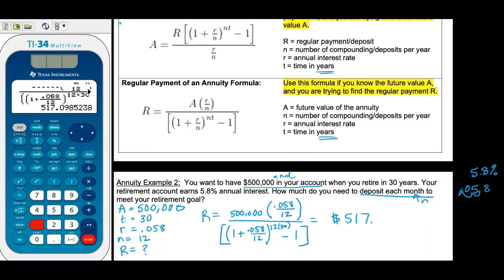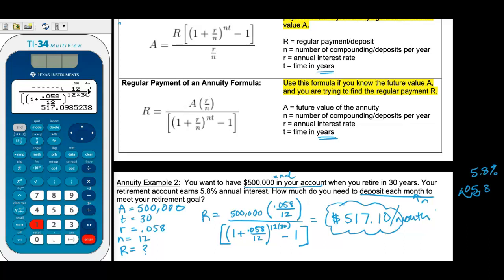Since the digit after our rounding digit is an 8, it tells us to bump that 9 up, so this is going to become 10 cents instead of 9 cents. So this means that this person would have to deposit $517.10 per month for 30 years in order to have $500,000 in their account.